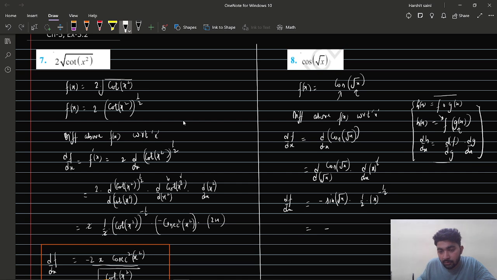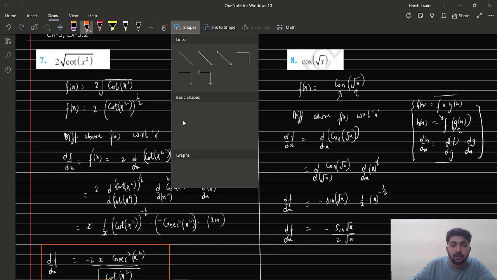So it will be minus sin root x upon 2 square root of x. This is your df upon dx for this new function we have.